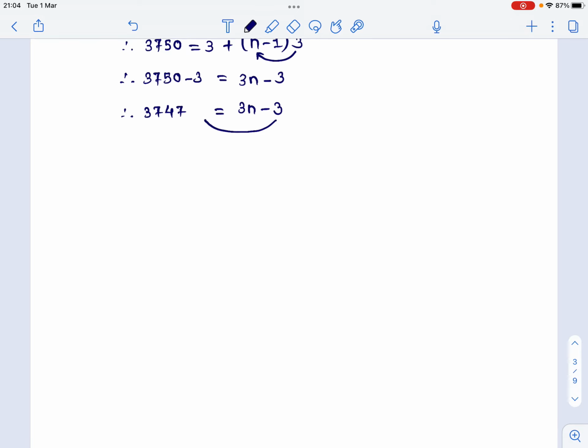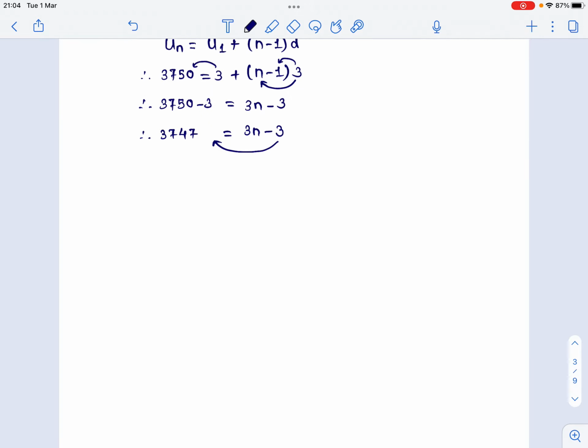Then you take 3 to this side. So 3747 plus 3 is equal to 3n. Calculate this value.